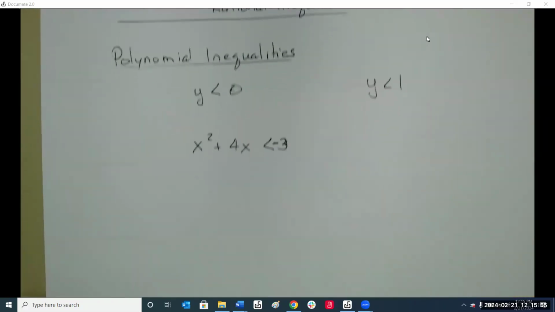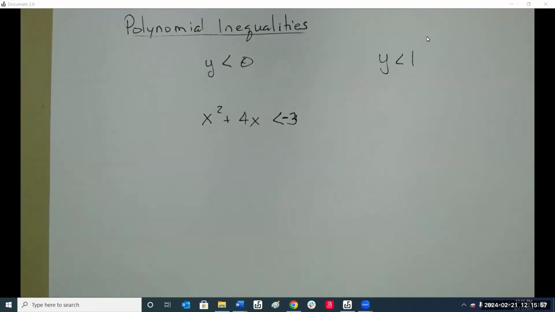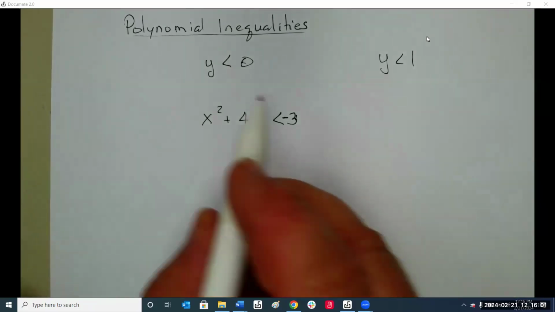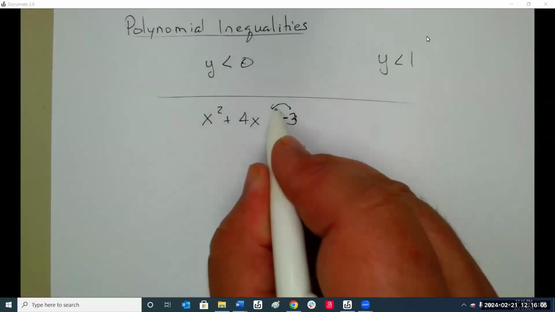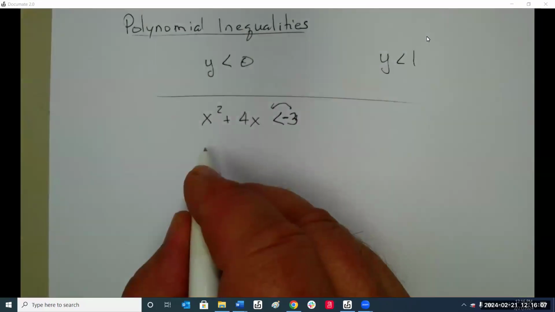Let's look at that one. There's your polynomial. The first thing you have to do is set it equal to 0 on one side. Treat it like an equal sign.